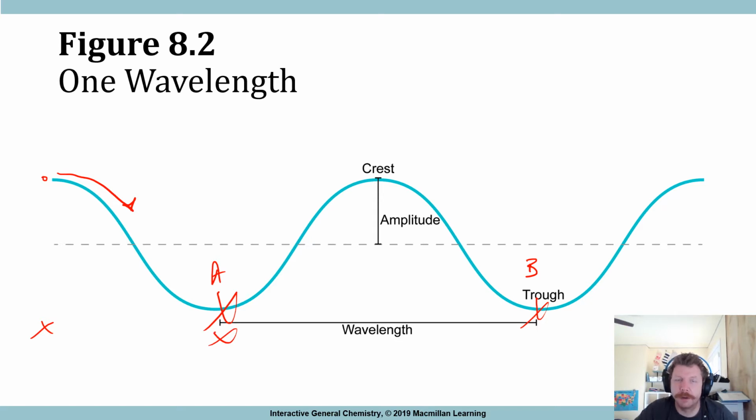Over the course of 1 second, that would be approximately 0.5 wavelengths per second, so s to the negative first. Half a wavelength is completed in 1 second.